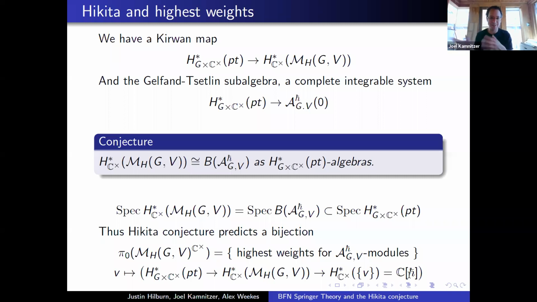And then if I set h bar equals 1, I'll just get to the complex numbers. So that would give me a point in the spec of this equivariant cohomology. In that way, the spec of the equivariant cohomology is identified with the connected components of the C star fixed points in the Higgs branch. So in this way, the Hikita conjecture predicts a bijection, or maybe a bijection is not quite the right word, an equality between the connected components of the fixed point locus and the highest weights.